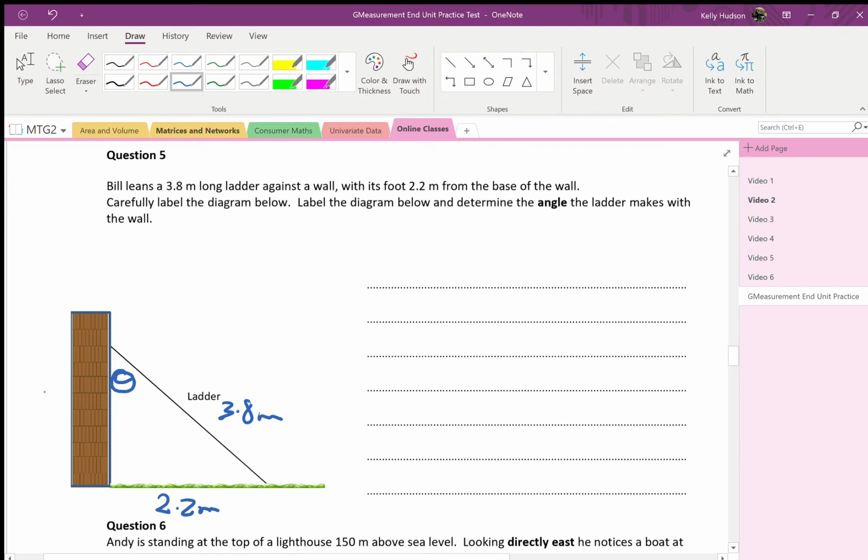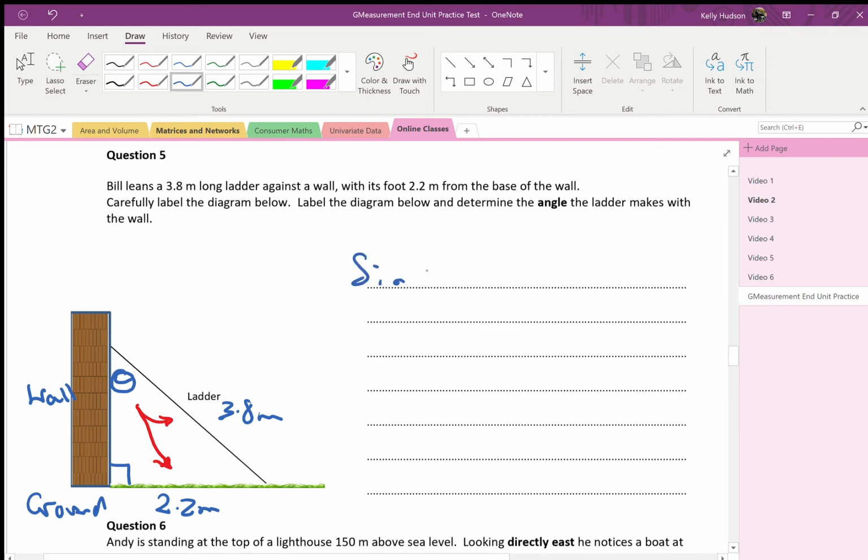So here's our wall, okay, here's the ground here, and what we want to do is, there's a 90-degree corner, we actually want to find out what the angle is. So I'm going to use one of our trig ratios. So I've got my opposite side and my hypotenuse. So I'm going to go with sine.